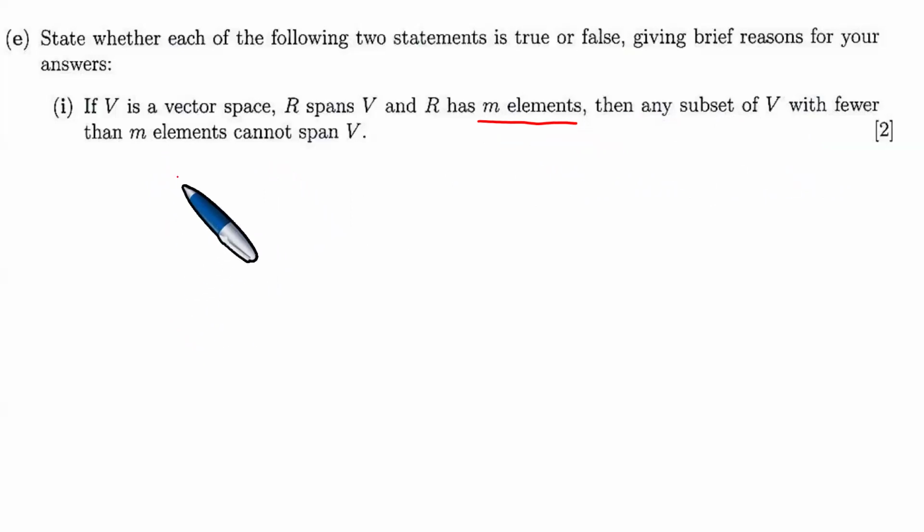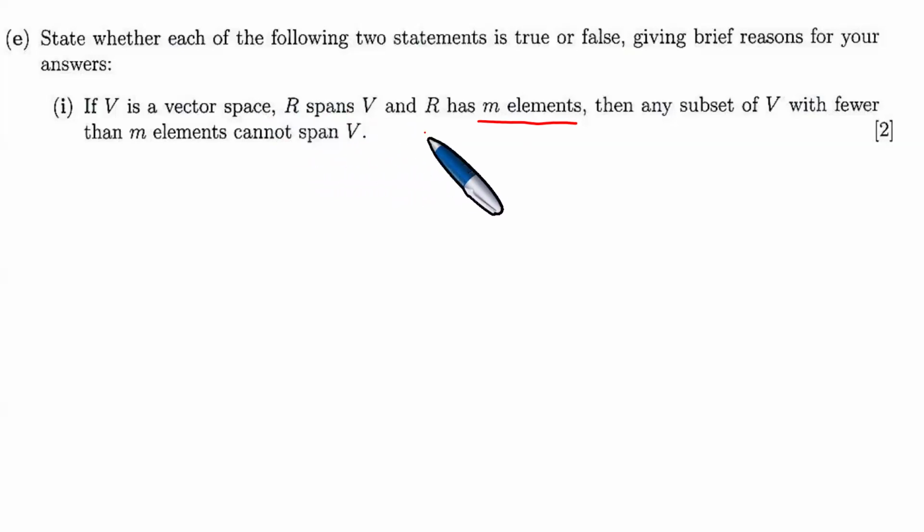So we read again. If V is a vector space, R spans V. So there's a set of vectors that spans V, that generates V. And this set of vectors can have n vectors that generate the whole of V, meaning every vector in V can be represented as a linear combination of those elements.